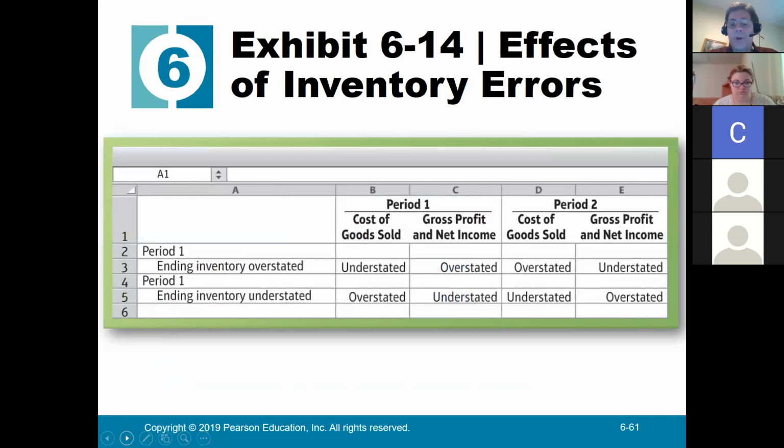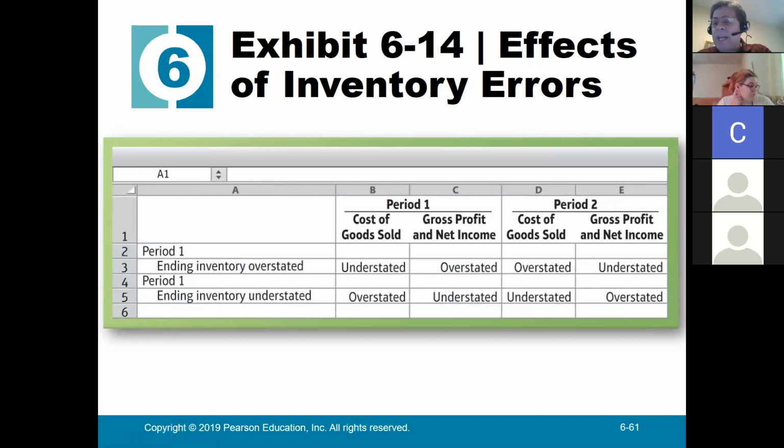So here's a little summary of that you could refer back to if you need to in terms of how to think through an inventory error. If any inventory is overstated, your cost of goods sold moves in the opposite direction. Remember, everything has to still balance.